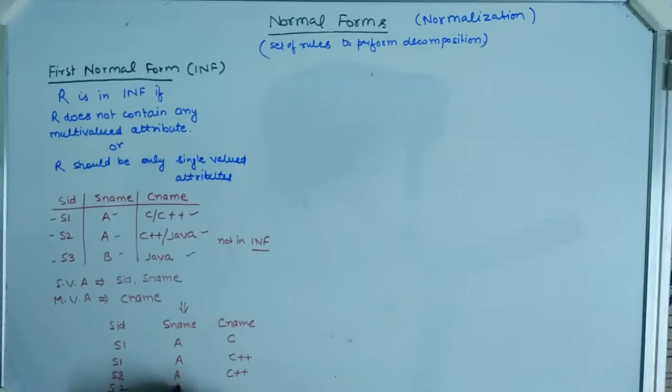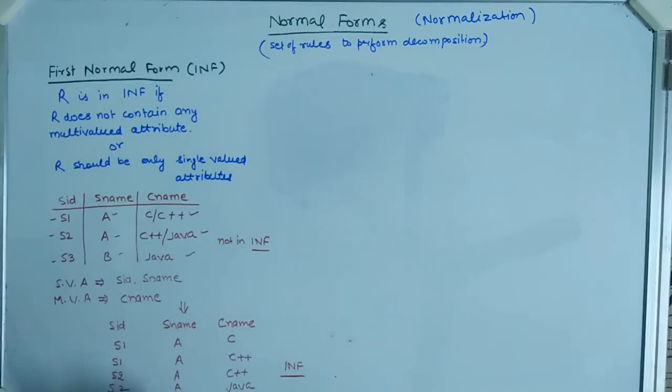S2 is also divided into two tuples, and S3 is put as it is. So this relation is in 1NF.